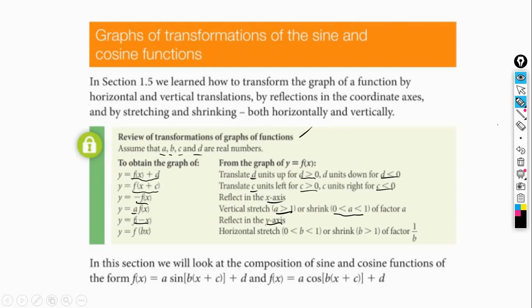And if we have y is equal to f of b times x, this would be a horizontal stretch for values of b that are between 0 and 1, or a shrink if b is greater than 1, by a factor of 1 over b. So in this section, we are going to look at the composition of sine and cosine functions of the form f of x equals a times sine of b times x plus c plus d, and the same for cosine. Now, you will learn that a is going to affect something called the amplitude.